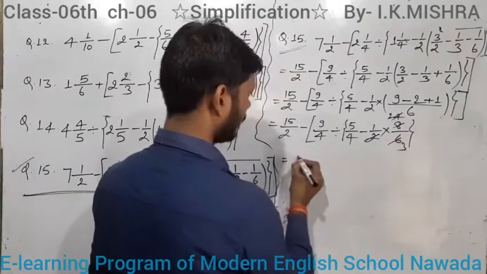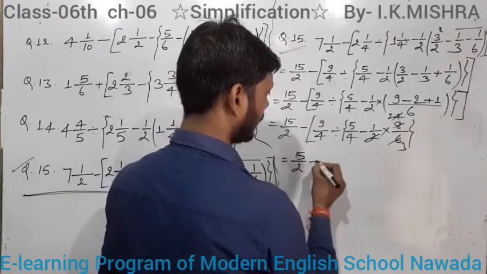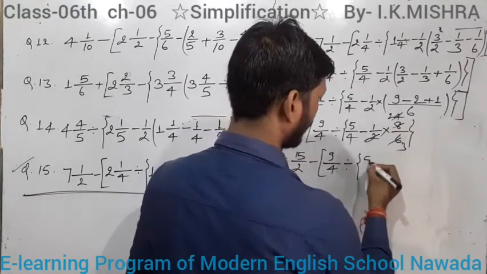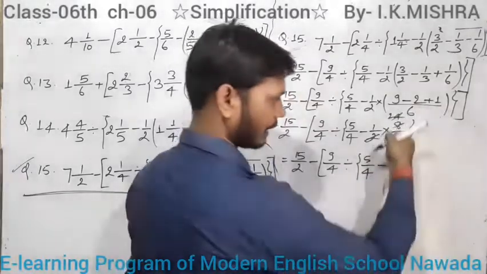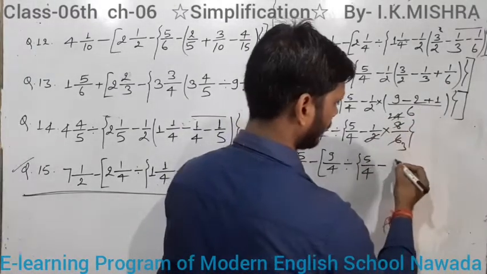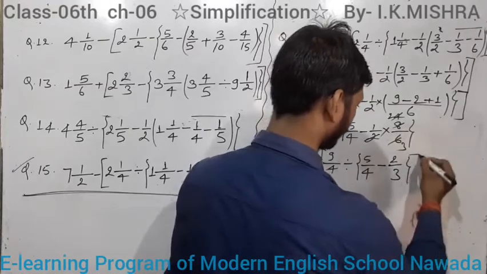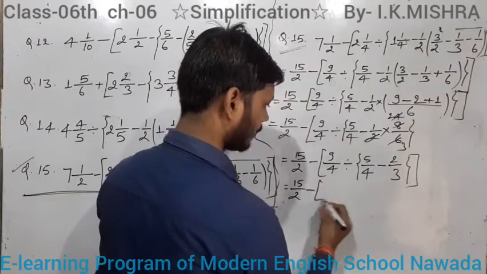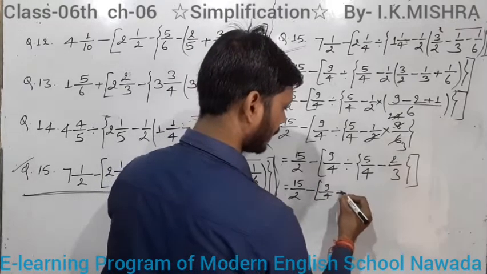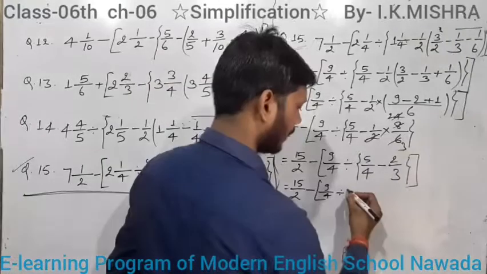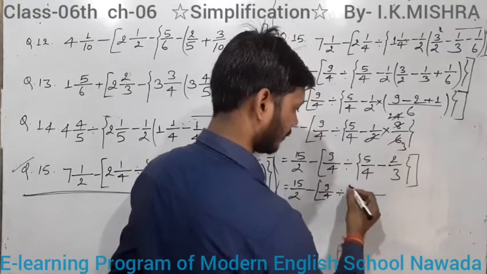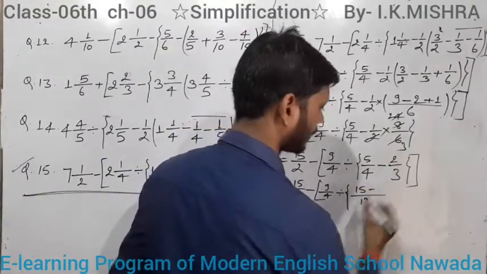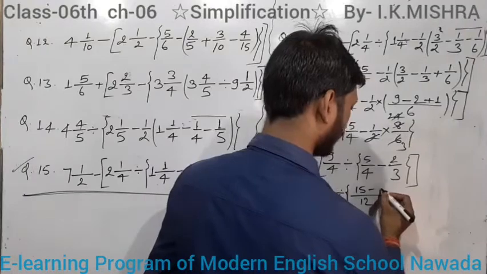So students, here 15 by 2 minus 9 by 4 divided by 5 by 4 minus, its value is 2 by 3. After that students, 15 by 2 minus 9 by 4 divided by, do the operation, here multiplication, 12 is the LCM and 15 minus 8.